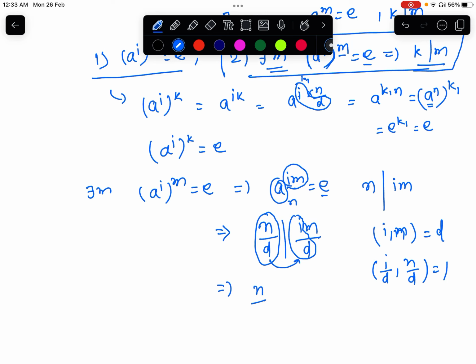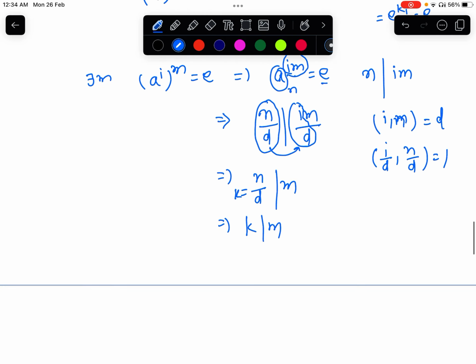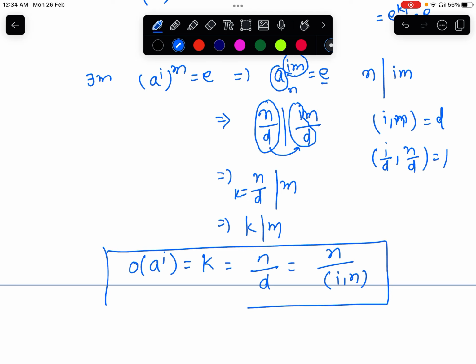This means n by d divides m. And what is n by d? It is k. That means k divides m, which we had to prove. Hence, we have proved that order of a^I is equal to k, that is n by d, that is n by GCD of I and n. This is what we had to prove.